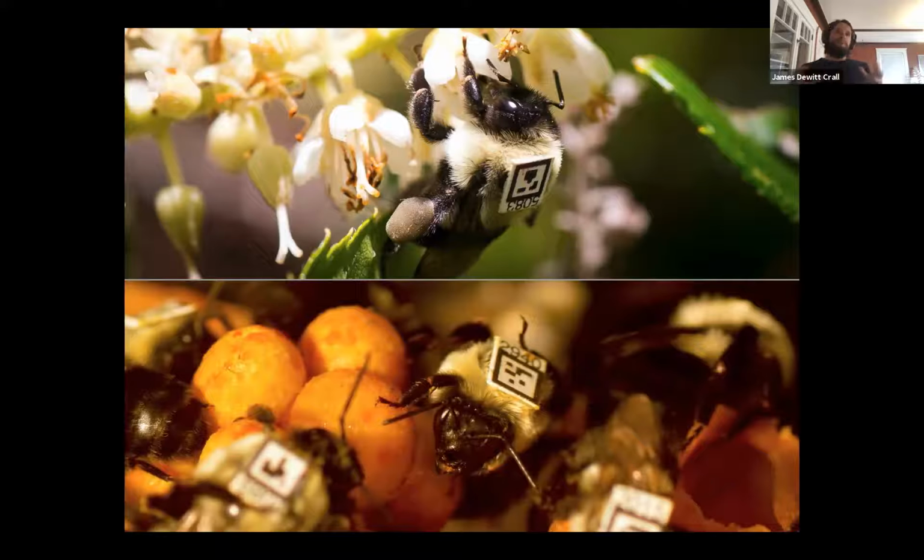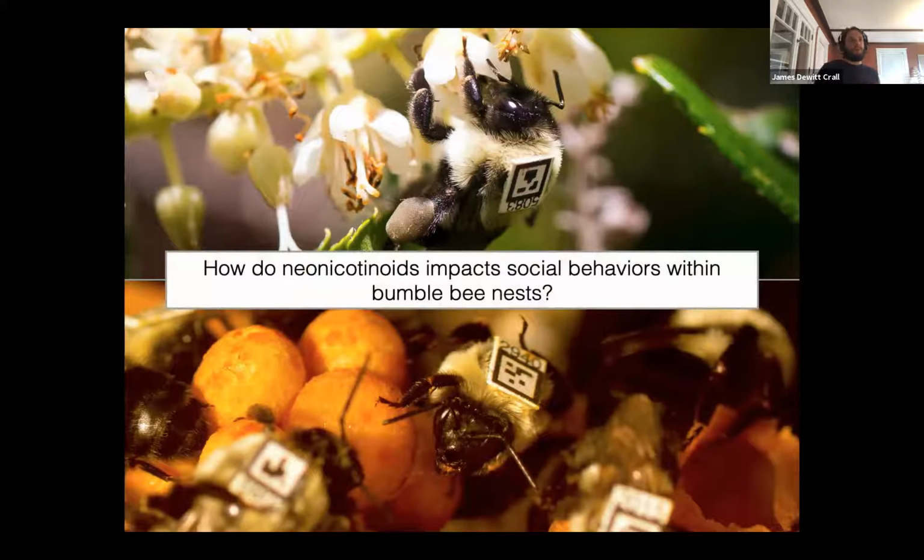But what's been more of a black box, both figuratively and literally, because it happens in a hole in the ground, is how exposure to neonicotinoids impacts this important suite of behaviors within colonies that drive colony growth. So that's what I'm going to focus on today.